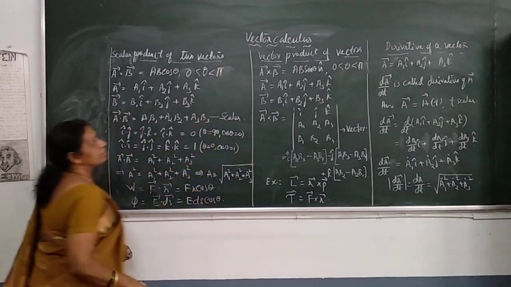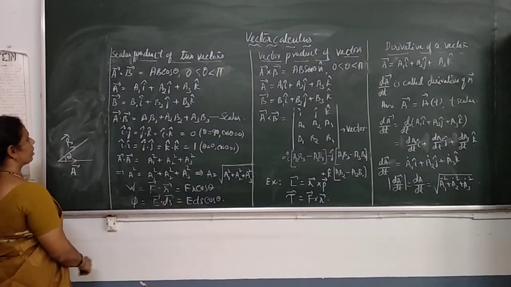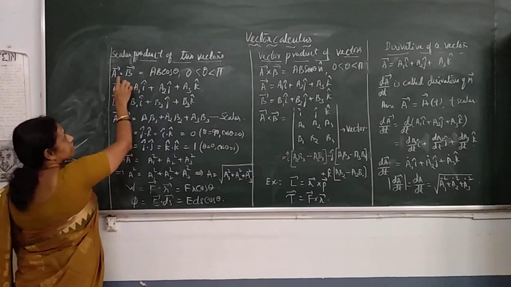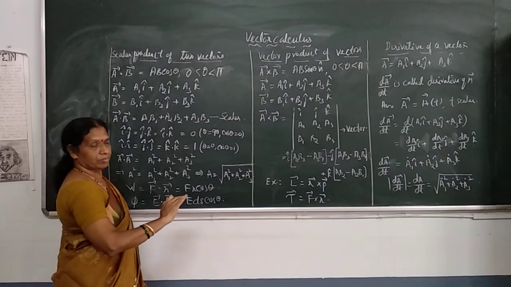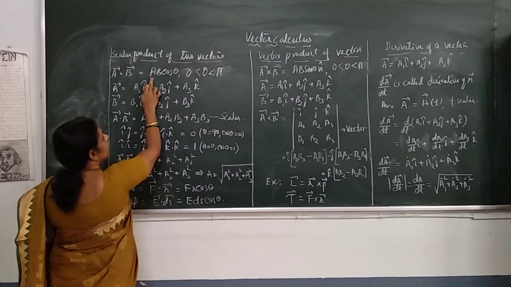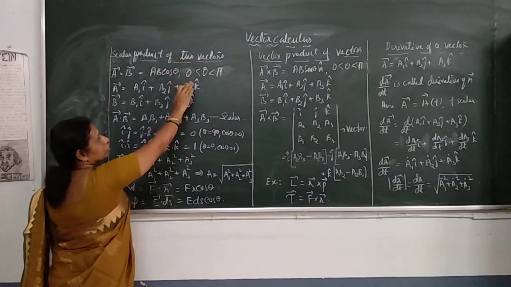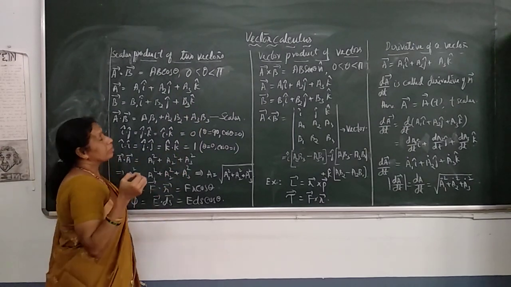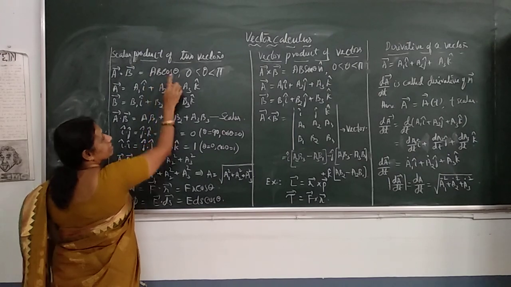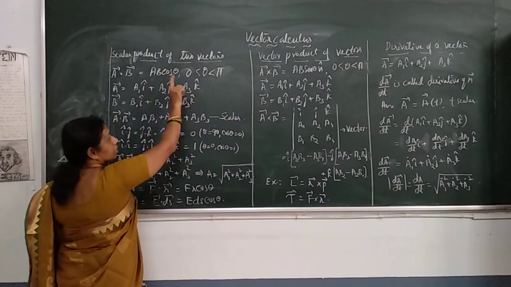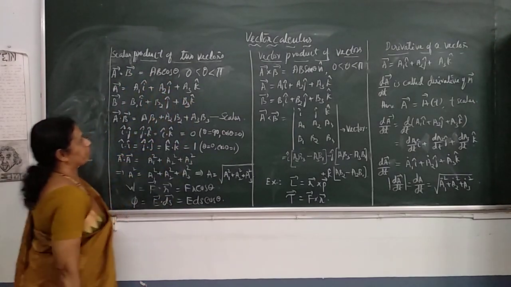The scalar product of any two vectors is always a scalar. This term AB cos theta does not contain any quantity indicating direction, so it is always a scalar.